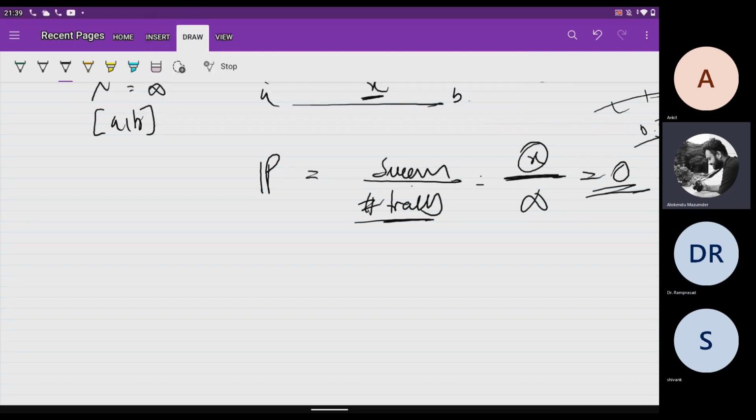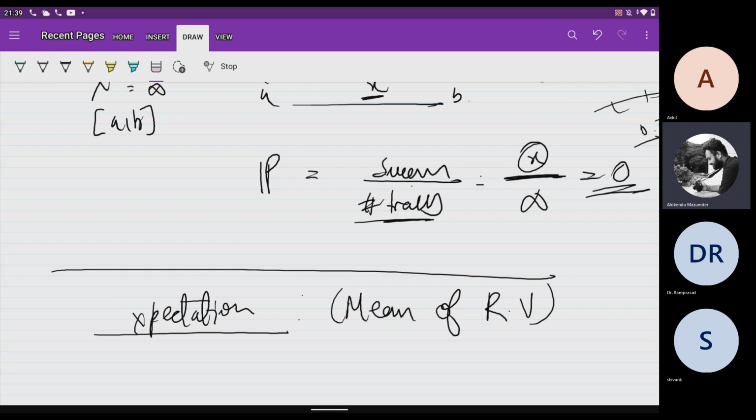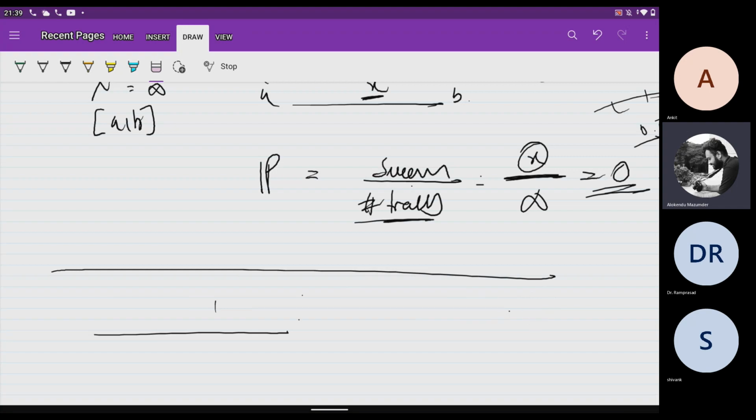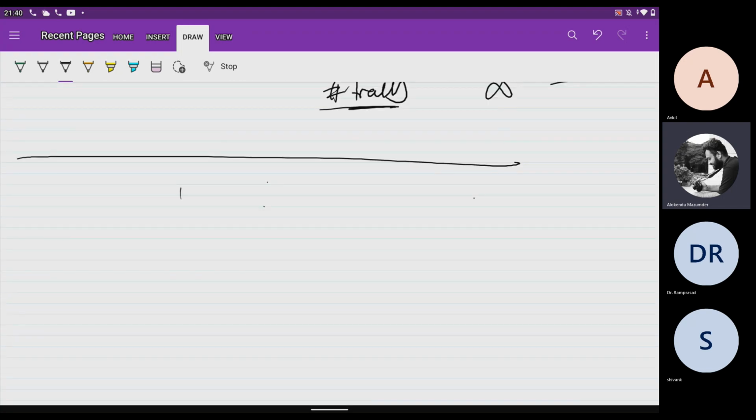Now we define something known as expectation, also known as the mean of a random variable. Or before going to that, let's define some probability models. Within those models, we will define expectation and variance. So we will talk about some famous probability models.